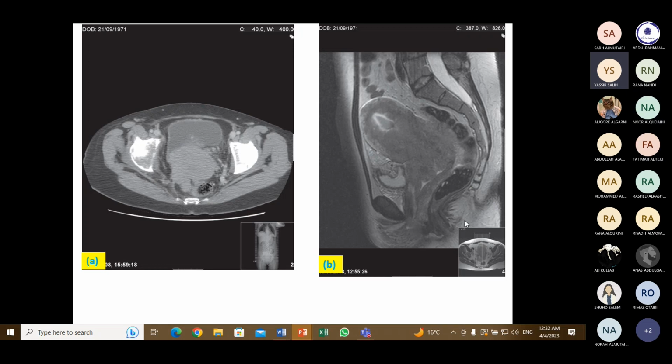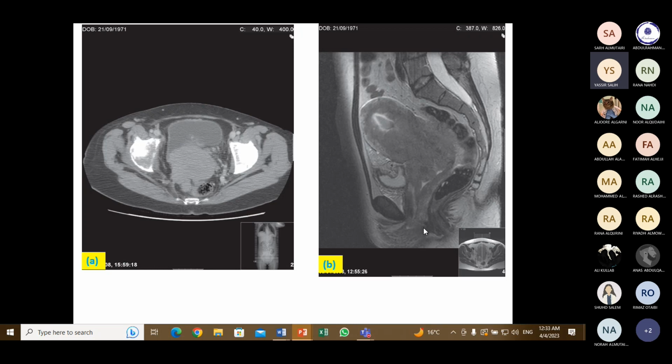Where is the tumor? In which part of the uterus? We talked about the anatomy: fundus, body, cervix, vagina. Where is the tumor? The fundus here is normal, the lesion is here, extending from this.